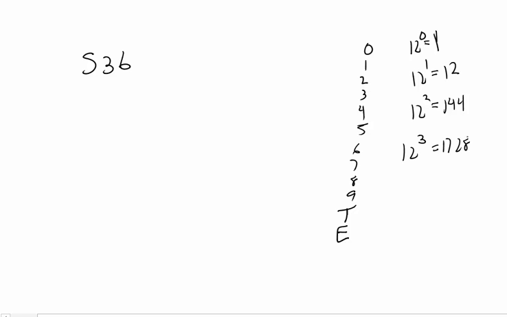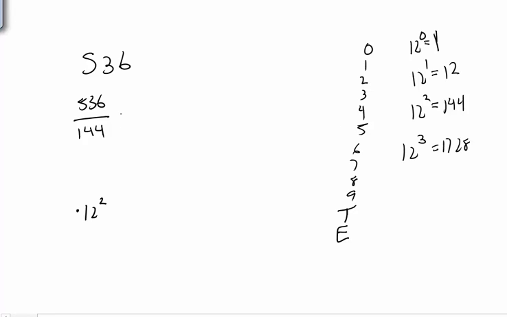So what I want to know is, how many times can 12 squared fit into 536? Right, so what's 536 divided by 144? And just go to a calculator for that.